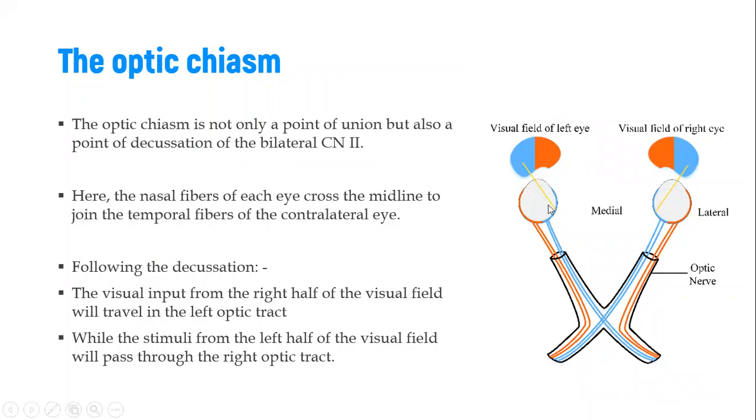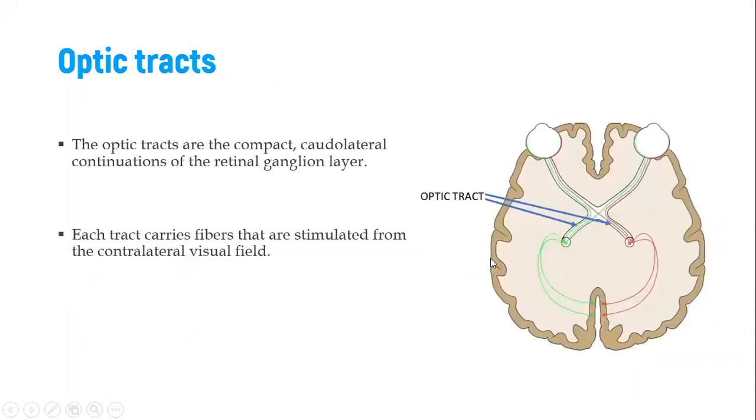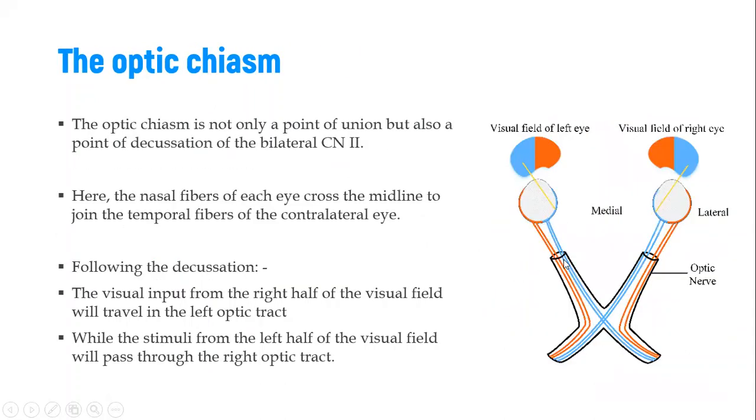Okay. So for example, if you look at the nasal retina from the left eye, the impulses are being carried from that point, and then they end up on the right side.